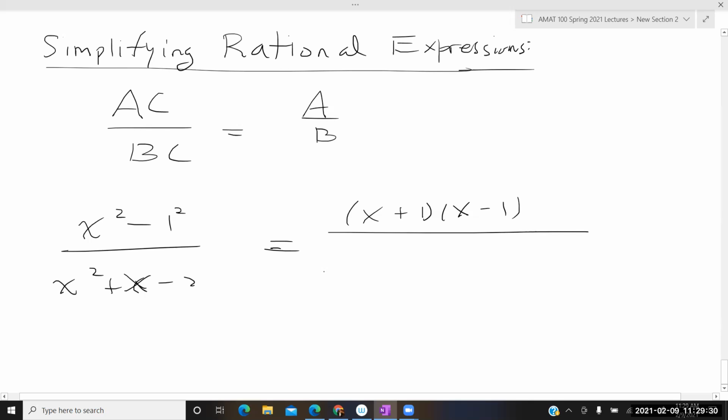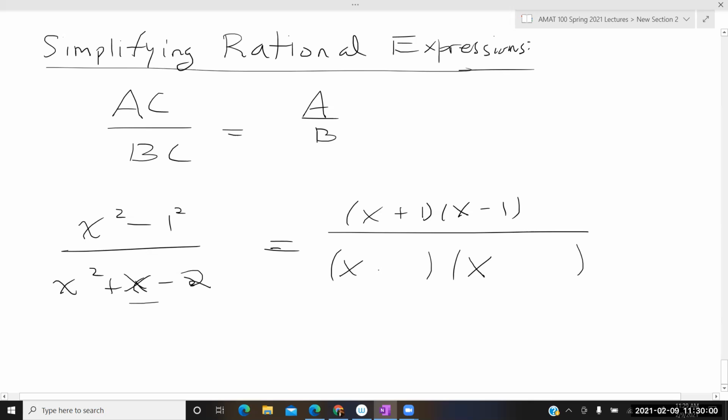And the bottom can be factored as, remember the method in section 1.3, we have a 2 here. We need factors of 2 such that when they sum together, you get 1, the coefficient of the middle term.